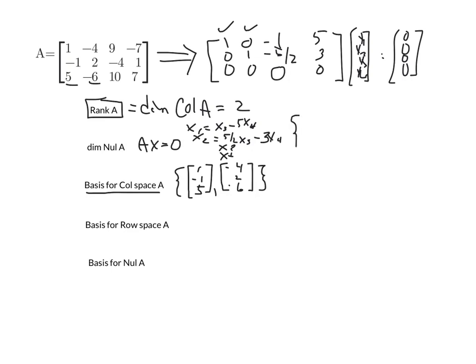We can see that the basis for the null space would be given by 1, 5 halves, 1, 0, representing the components that we multiply x3 by, and then the components that we multiply x4 by would be negative 5, negative 3, 0, and 1.